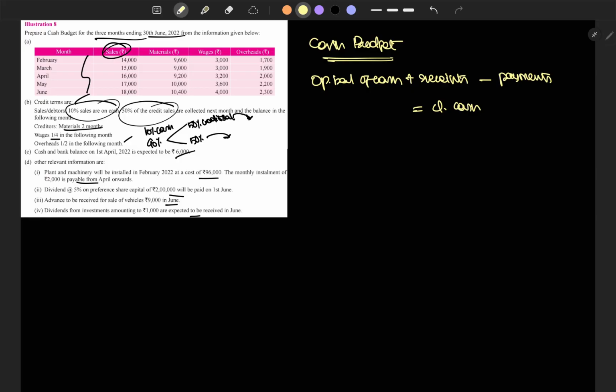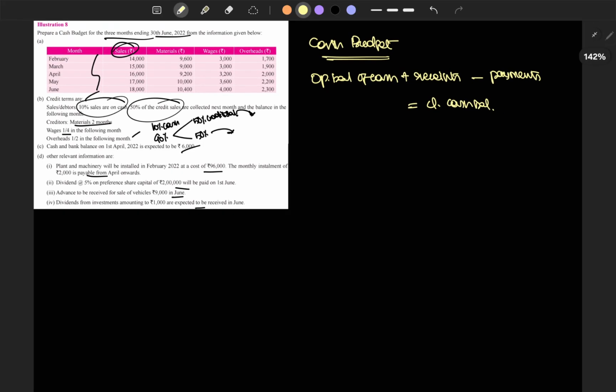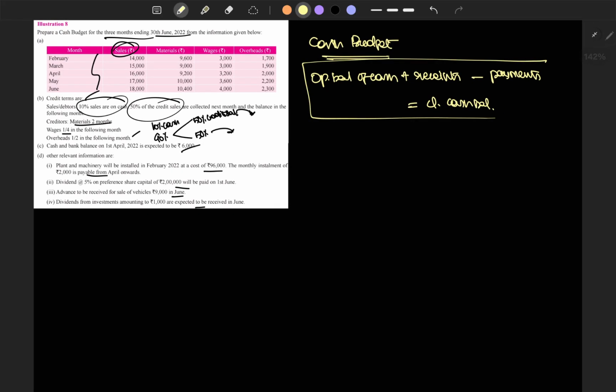What we have in hand is this closing cash balance. With this outlay we are going to prepare a table.